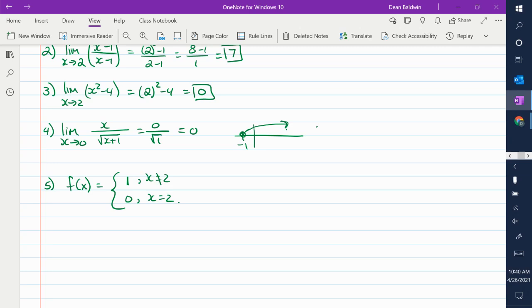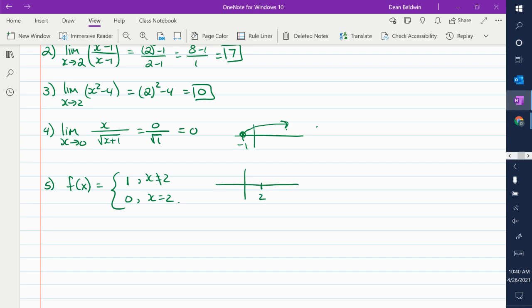So it says f of x is equal to 1 when x is not 2. If I just said sketch the graph of y is equal to 1, what does that graph look like? It's just a horizontal line at 1, right? Except when x equals 2, what does the graph equal? 0. So this graph looks like this. Here's 2.